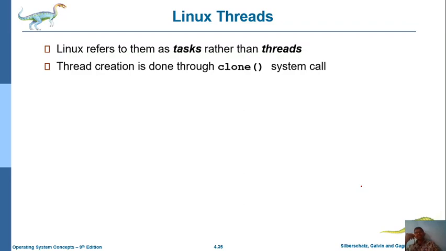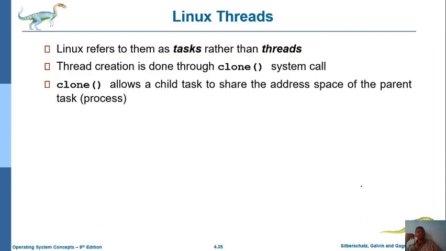To create a thread in the Unix or Linux environment, we use a system call, and that system call is clone. With the help of the clone system call, we can create a thread in the Linux environment. The clone system call allows a child task, and that child task shares the address space of the parent task.